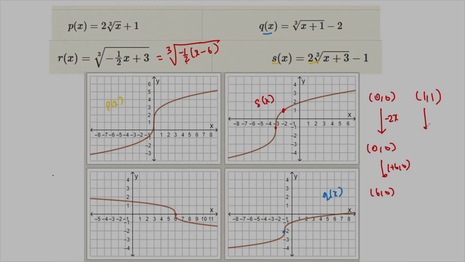Let's take one more point. Multiplying x by negative 2, it will become (-2, 1). Next, plus 6, which means it will move 6 to the right. So negative 2 plus 6 will become 4, and 1 plus 0 will become 1. So (4, 1) will also be on the graph. That means this is R of x.